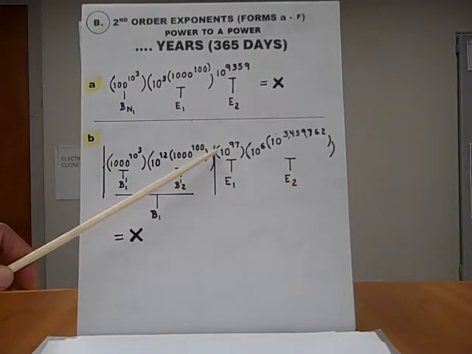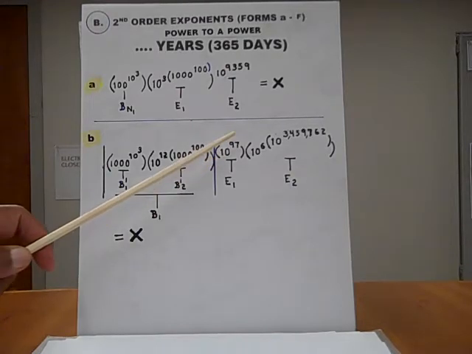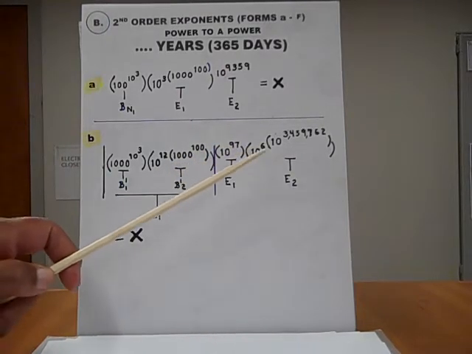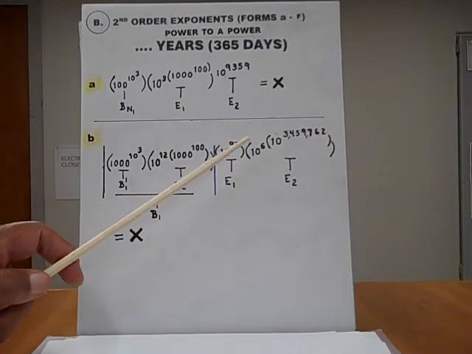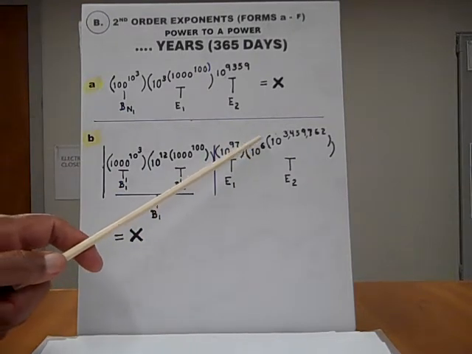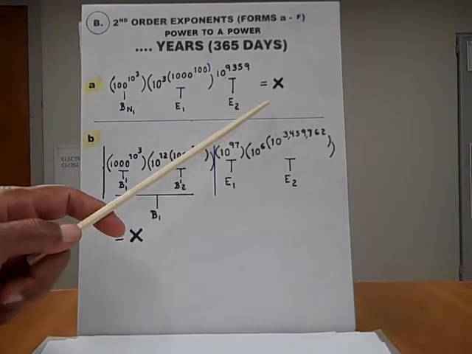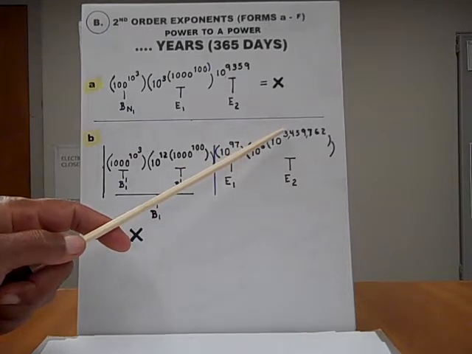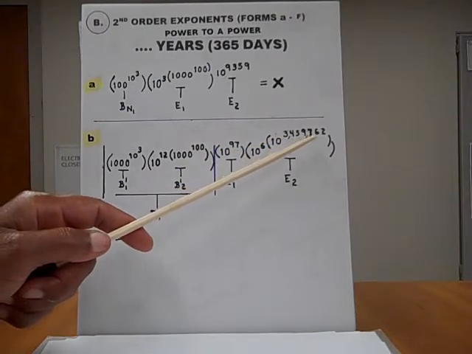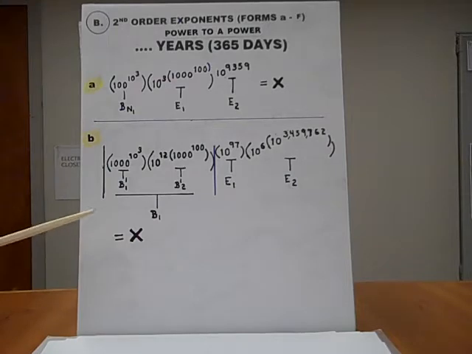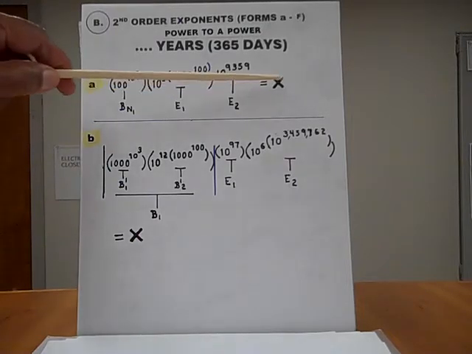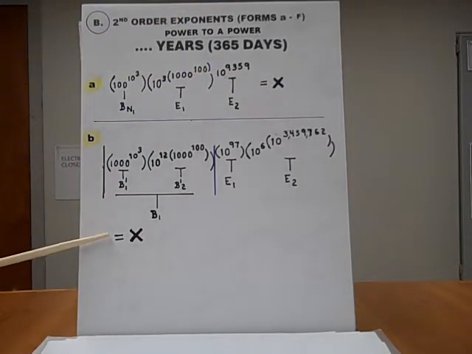The first exponent in parentheses is 10 to the 97th power, and the second exponent, exponent number 2, is 10 to the 6th power, which is raised to 10 to the 3,459,762 power, equals x number of years up here, equals x number of years down here.